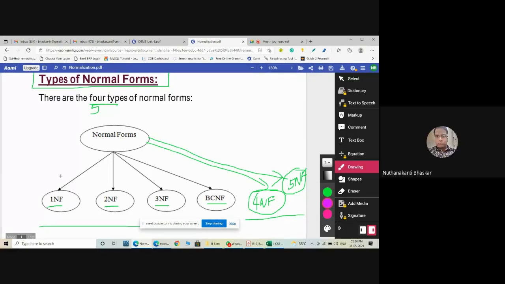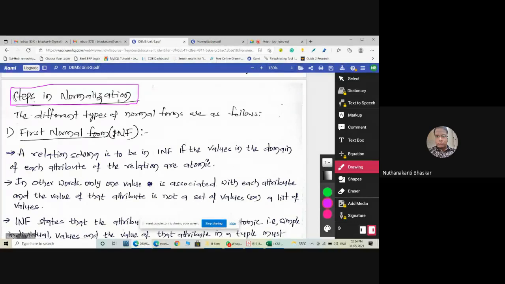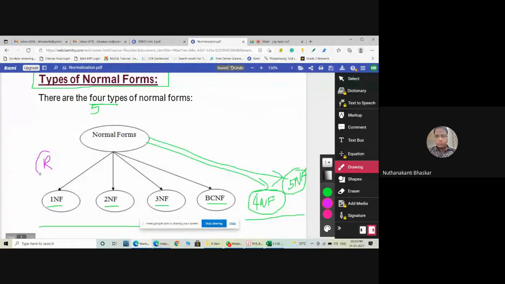So whenever one relation comes to you, you need to follow step by step. That is what I have written as steps in normal forms. First you check whether the given relation is in first normal form or not. If it is not in the first normal form, then you must apply the first normal form.